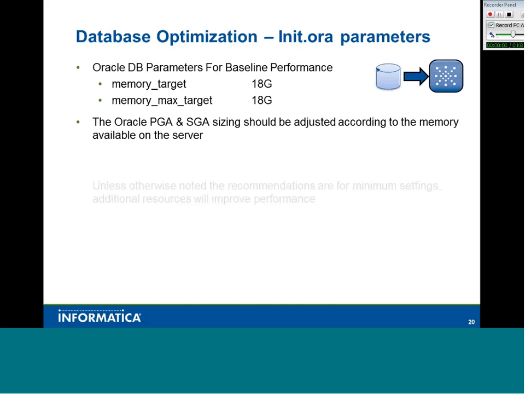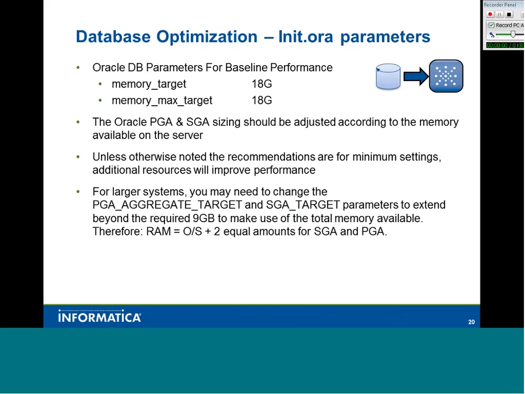So let's look into some of the Oracle parameters. For our Oracle parameters, we recommend a very large memory target and memory max target. We also recommend the PGA aggregate target and SGA aggregate target to be at 9 gig.